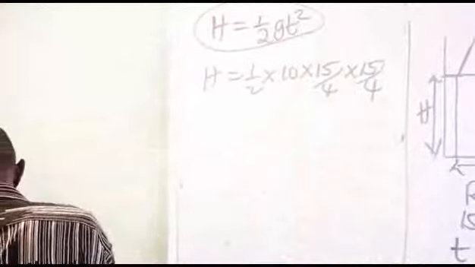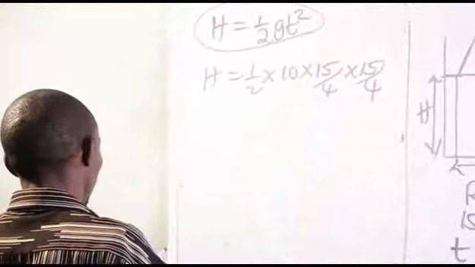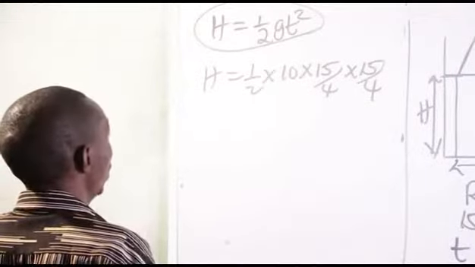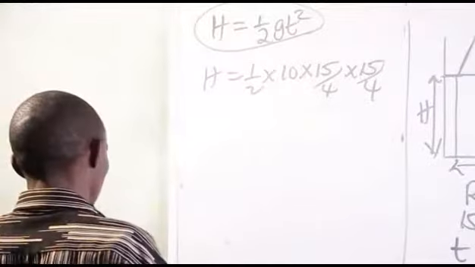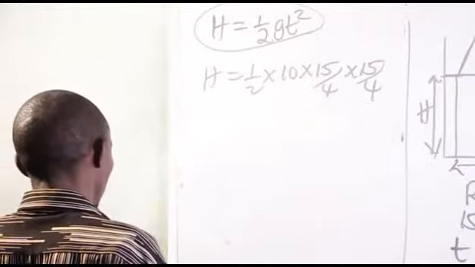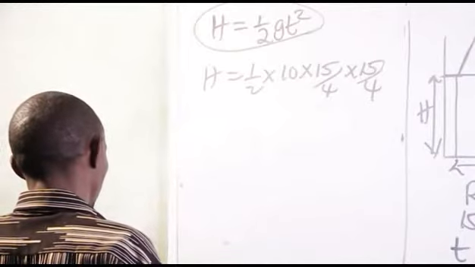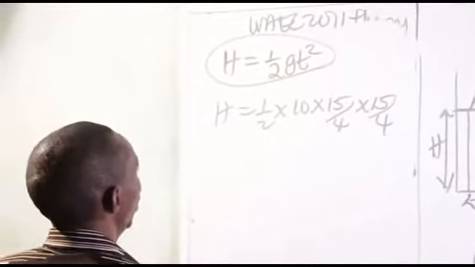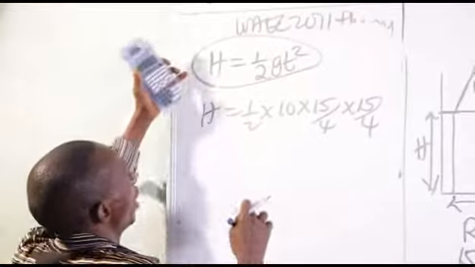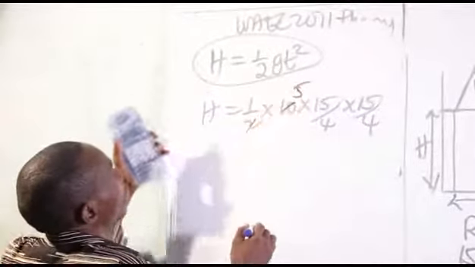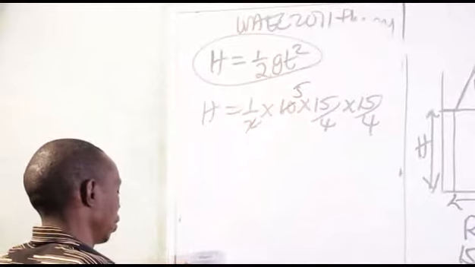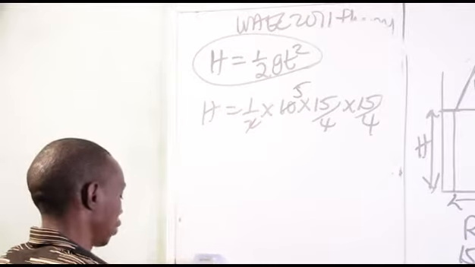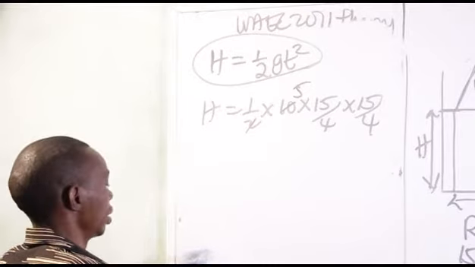That will give you 225 times 10, 2250 divided by 32. Half gt squared, that is 15 times 15, 225 times 5, divided by 16.